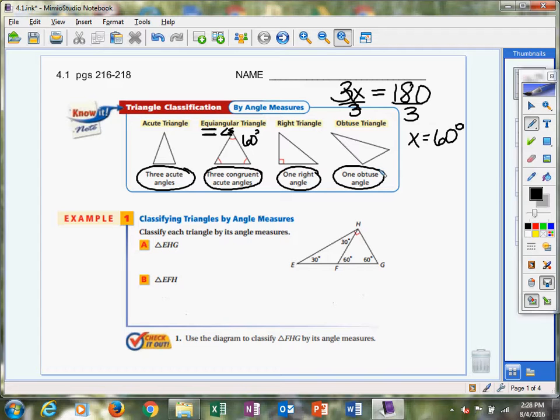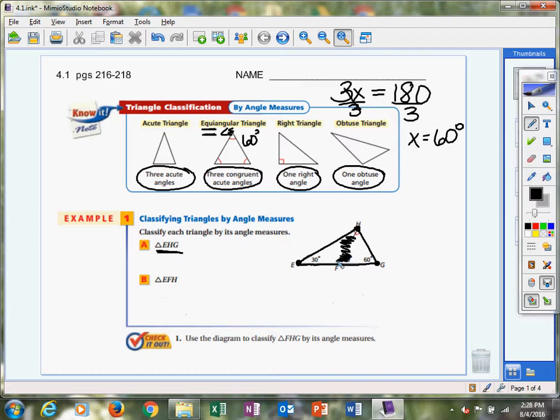We know that we can classify triangles using their angle measures. The first one they want us to tackle is triangle EHG. E, H, and G. So it's this big triangle right here. Some of this stuff we can ignore. We don't need this line, that angle, or this angle that I just marked out.